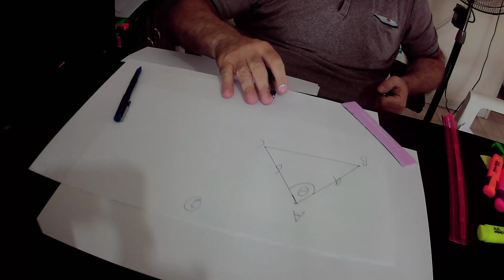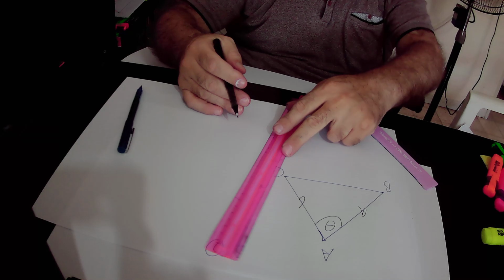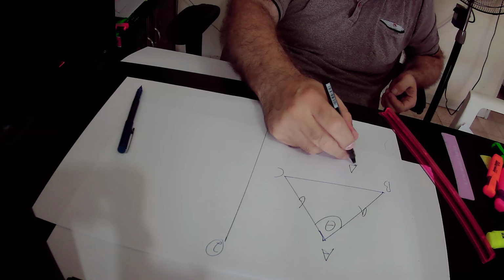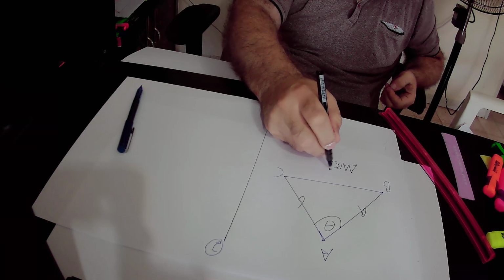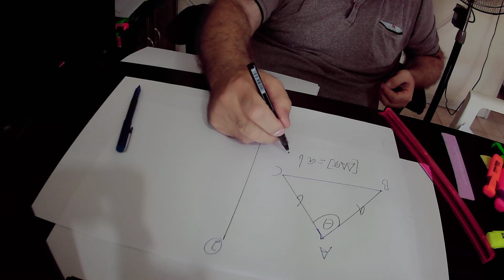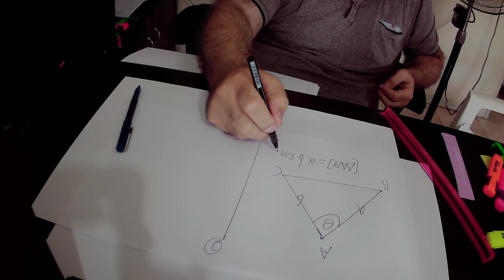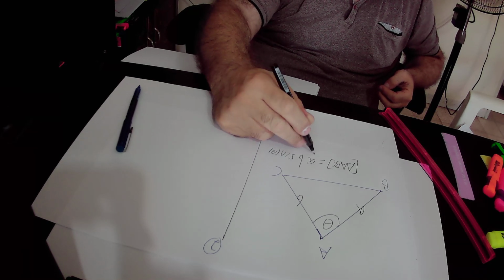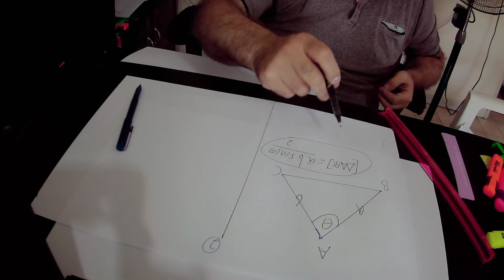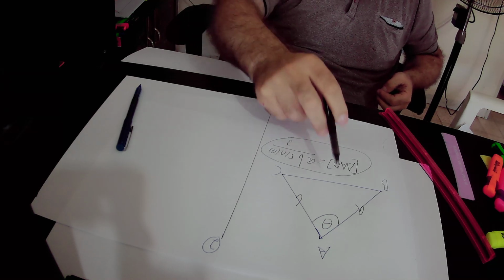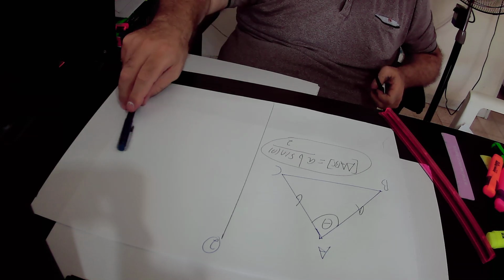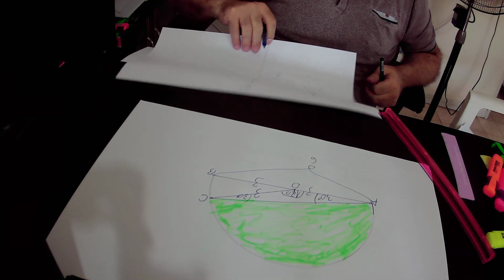Then according to the new formula, the area of this triangle ABC will be equal to A times B times sine theta over 2. I'll repeat again, the area of triangle ABC equals A times B times sine theta over 2.